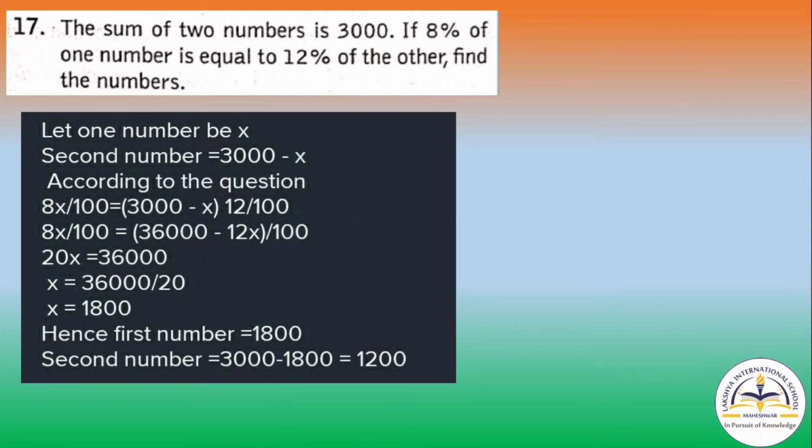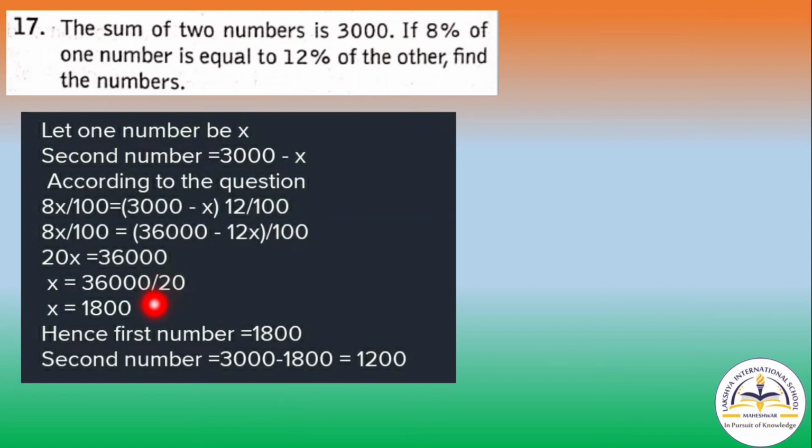Now question number 17, the sum of two numbers is 3000. If 8% of one number is equal to 12% of the other, find the numbers. Let one number be x, the second number equals 3000 minus x. According to the question, 8 times x divided by 100 equals 3000 minus x, the second number, multiplied by 12 divided by 100.